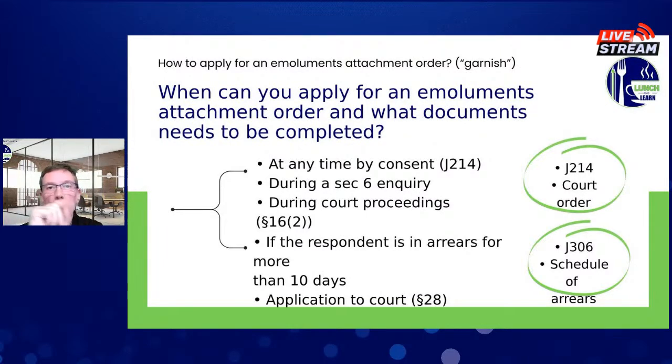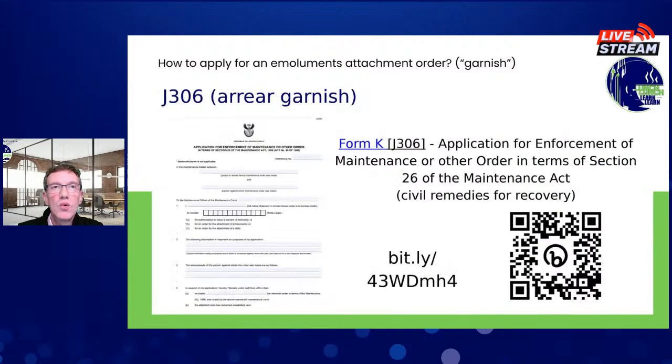You circle that area on the J306 and attach your schedule of arrears. Then the matter would go to court, and the court may very well grant a garnish order or an emolument attachment order.